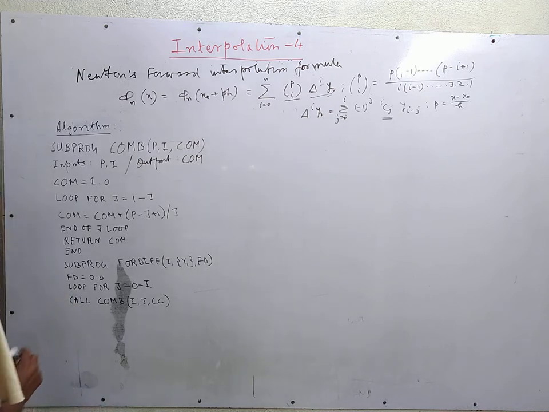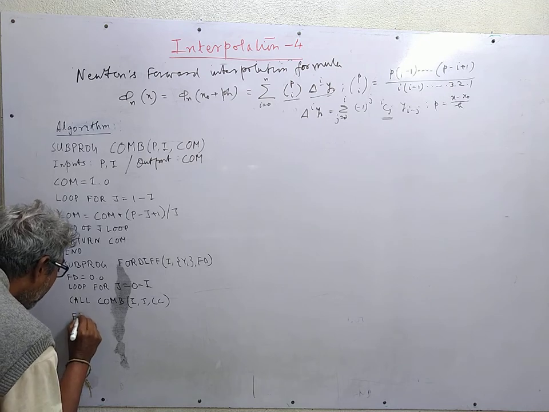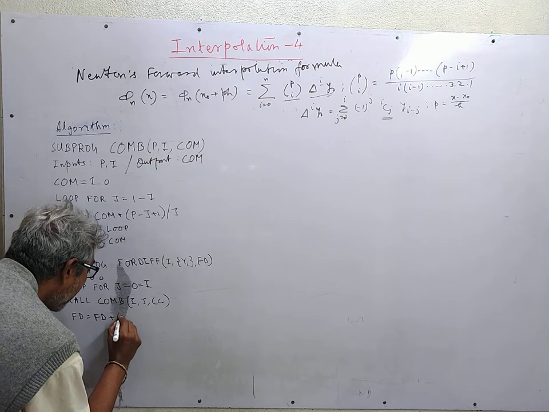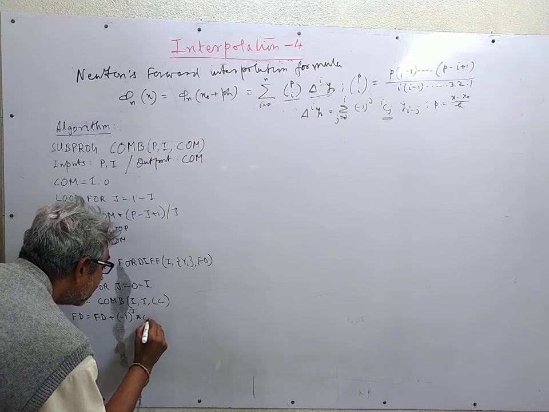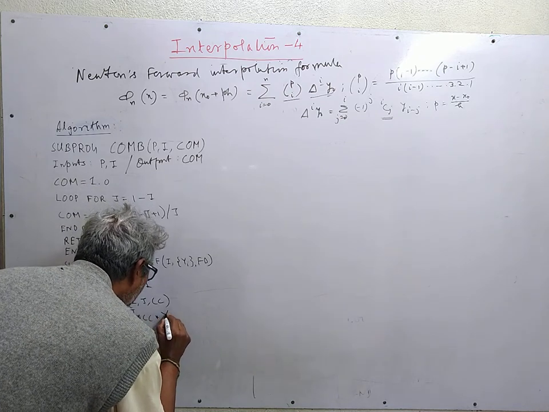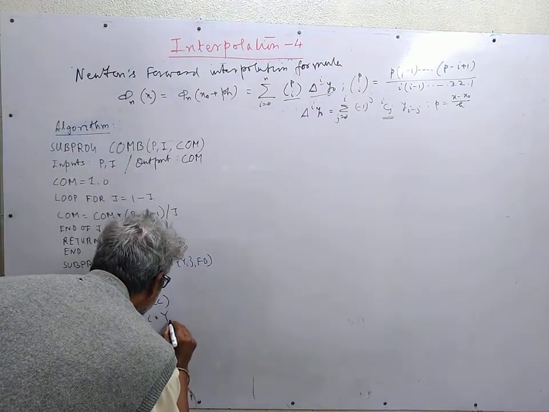Then FD, the forward difference, is equal to FD plus minus 1 to the power j times CC times the value of y at I minus j.